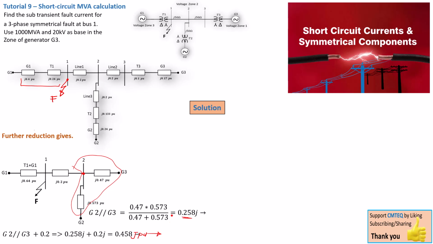So from here we can say that the combination of T1 and G1, as we've gotten here, must then be in parallel with this whole expression that we just combined, because the fault is now going to be at this point here, point F, right? So having said that, we can move on.